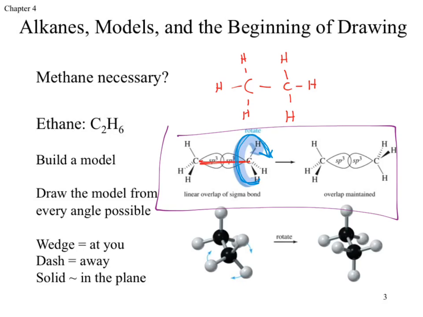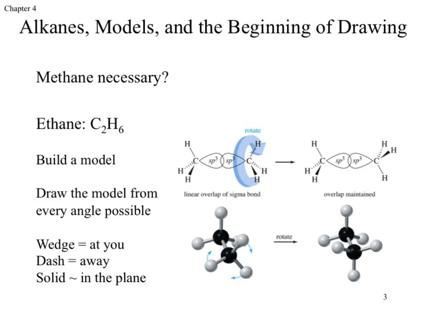So let's go back. Let's clean that up a little bit. If we take a look, this hydrogen and this hydrogen, nice and highlighted in red, both of those hydrogens are in the plane of our board, or the plane of our paper. How do we know that? Straight line. We're using just a normal solid line, not wedges, not dashes.